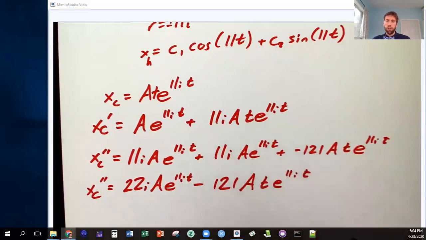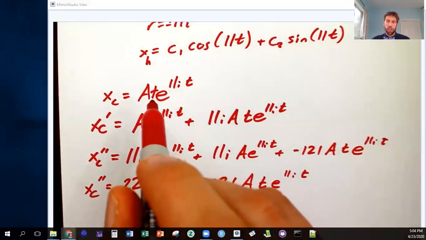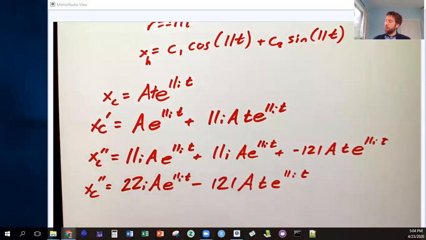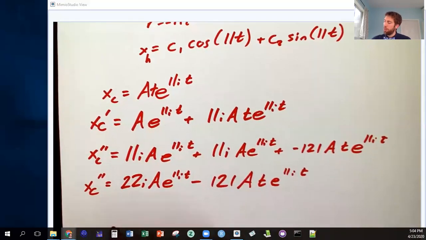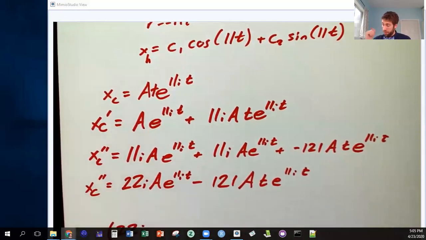Okay, so if you combine the t terms, then you've got this plus 121 times that, which cancels out. So all you're left with are the non-t terms: 22i, plus 121 times 0.